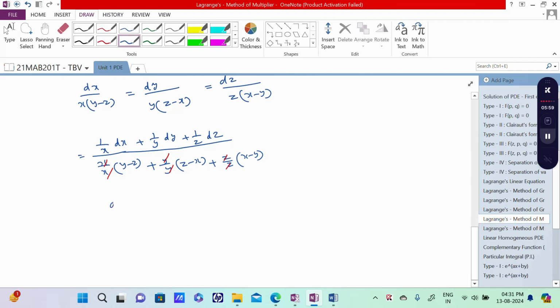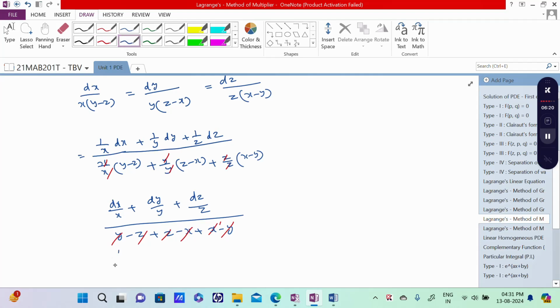Therefore (dx/x + dy/y + dz/z) divided by (y − z) + (z − x) + (x − y). Now when I check this, x, y, z cancel. Therefore dx/x + dy/y + dz/z = 0.